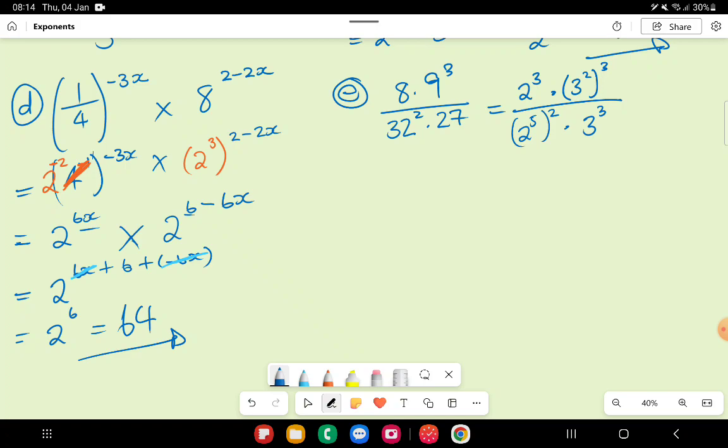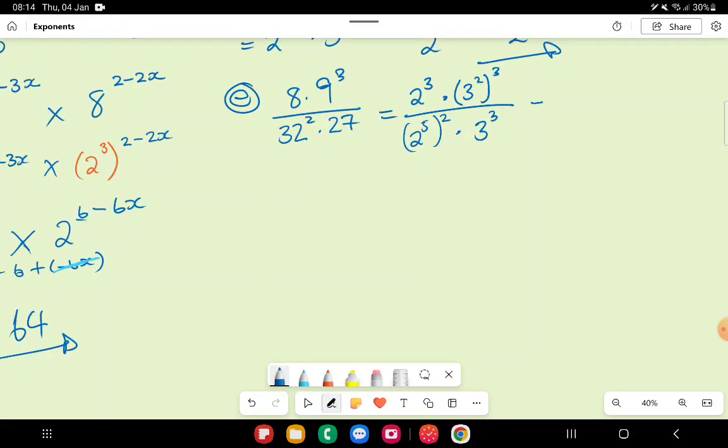Okay, let's simplify. So this then becomes 2 cubed times 3 to the power of 6 over 2 to the power of 10 times 3 to the power of 3. Now let's write same base. 2, 3 minus 10 times 3, 6 minus 3.